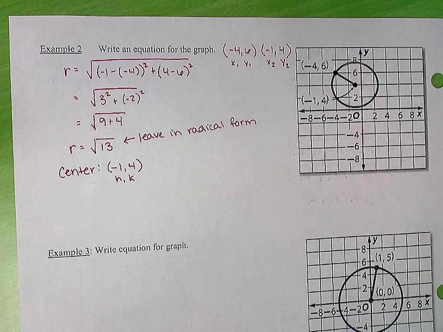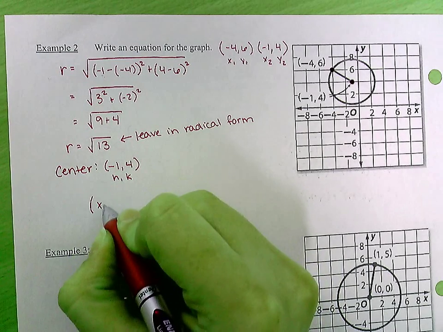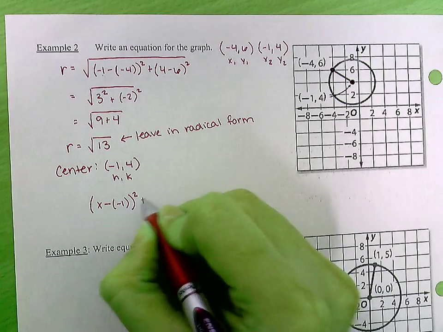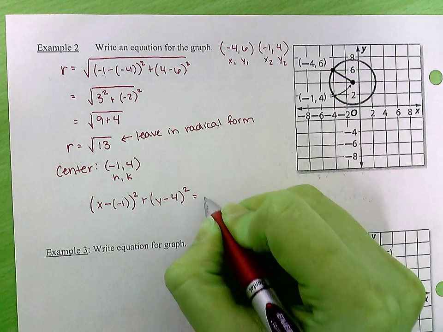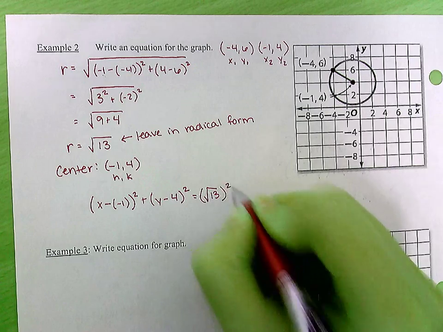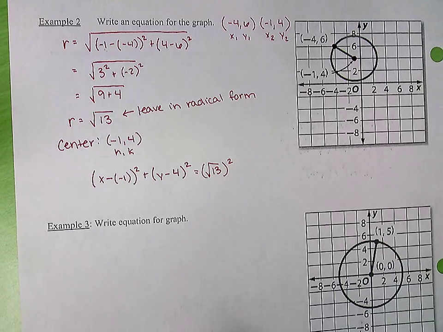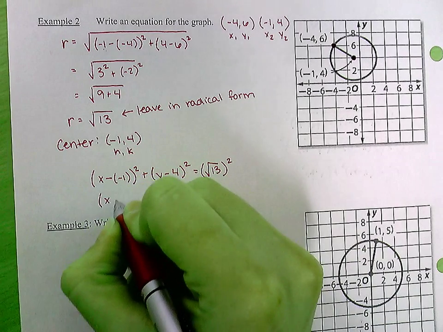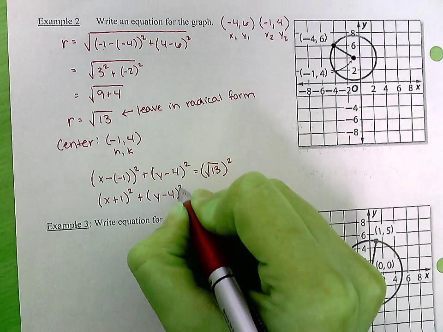Now I can use that formula from the front and plug in what I know. We'll have x minus h, squared, plus y minus k, squared, is equal to our radius squared. Again, I have minus and negative, so I can change this to x plus 1 squared plus y minus 4 squared.